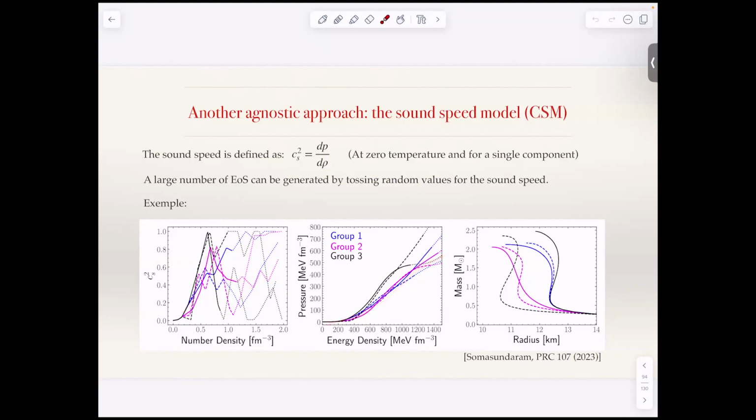This is just to illustrate that it is possible and it is working. Then you can map the equation of state into mass and radius by injecting it and solving the TOV equations. The solid line generates this equation of state and this mass-radius relation. So you see that it's working pretty well.